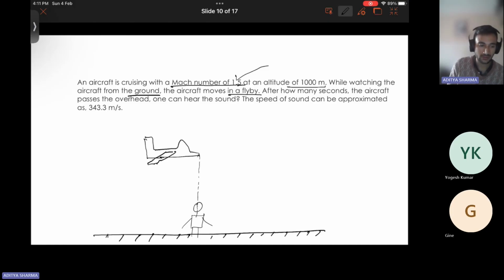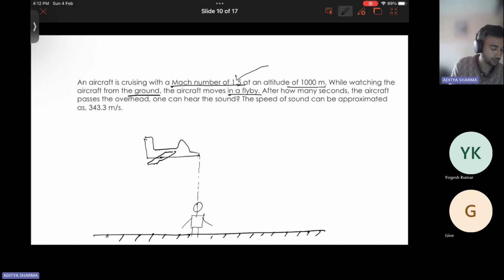So what concept will we use here? The concept that we saw in lecture 6. This pressure disturbance when an object is moving with a velocity greater than the speed of sound.